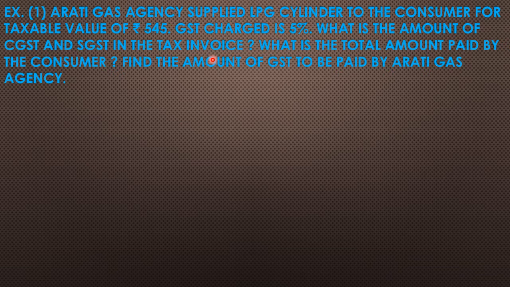You need to find the amount of CGST and SGST, and the total amount paid by the consumer, which will be the taxable amount plus the amount of GST. Next, find the amount of GST to be paid by Aarti Gas Agency.